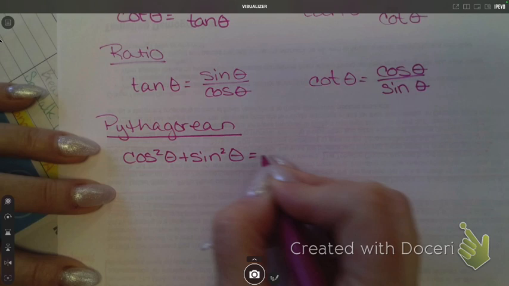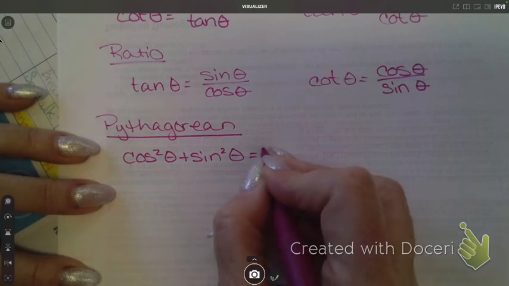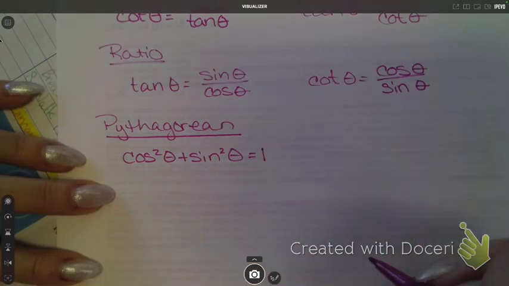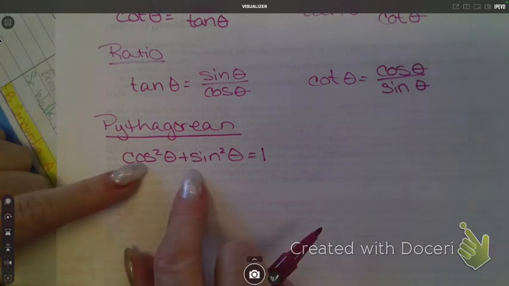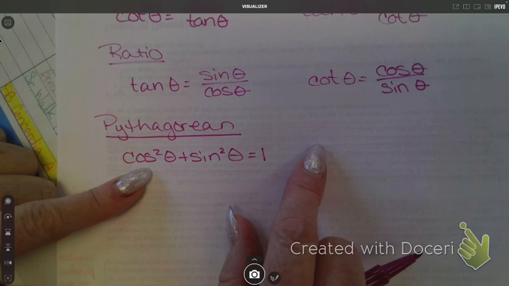Now remember, I can rearrange this. So cosine squared would equal 1 minus sine squared. If I just wanted cosine, I'd take the square roots of both sides. So I can do all that rearranging with that.